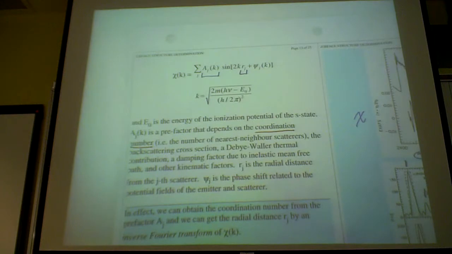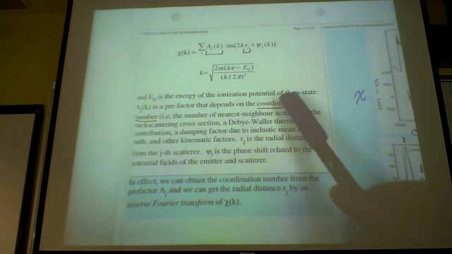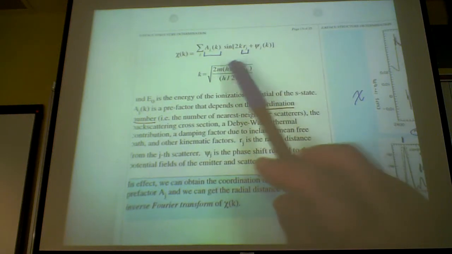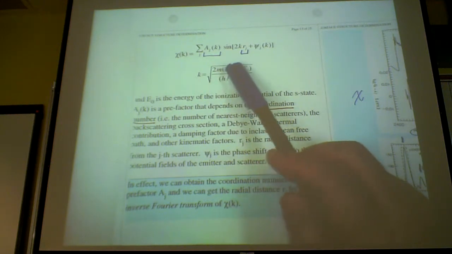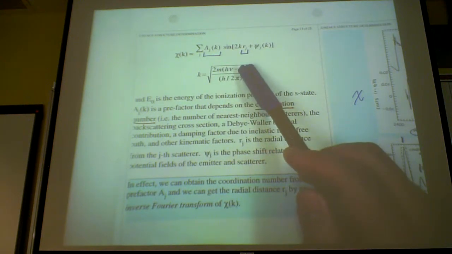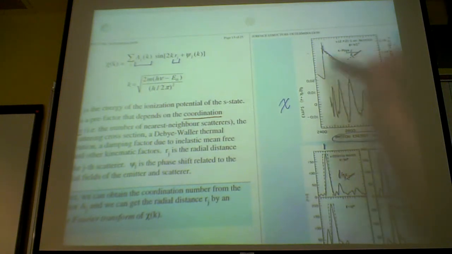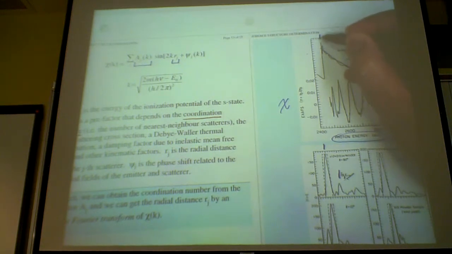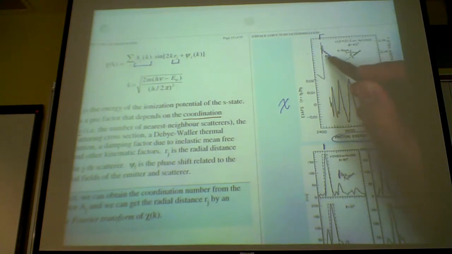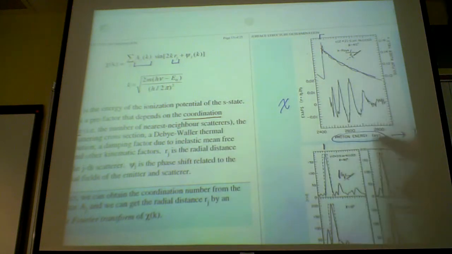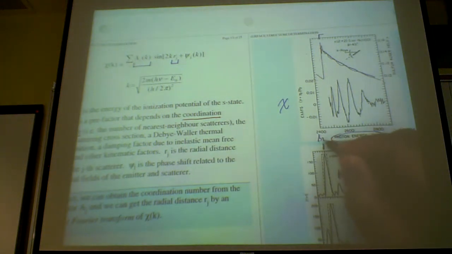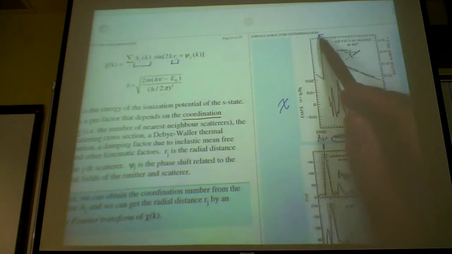So what you have then is that E naught is the energy of the ionization in here. So this is the amount of photon energy above the ionization edge. So if I look at a typical one, this is my ionization edge somewhere in here. So anything above it will be photon. This is my photon, h nu here, right, h nu minus this E naught.